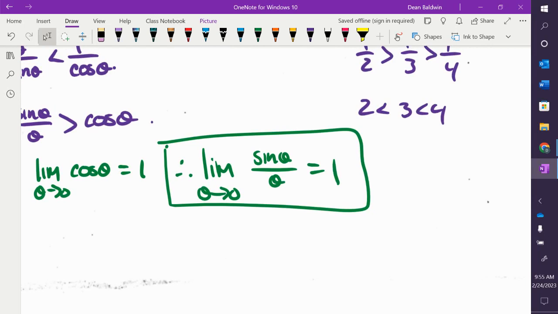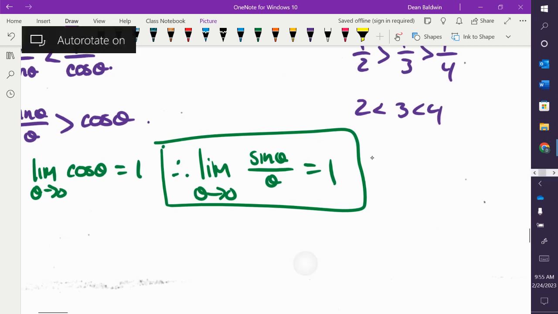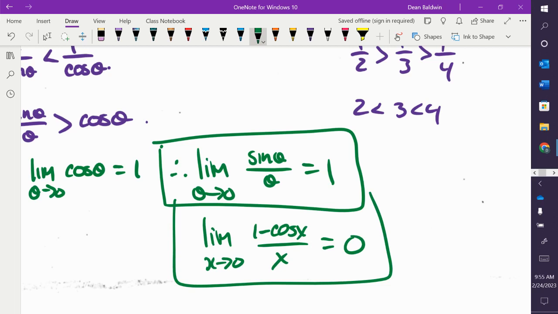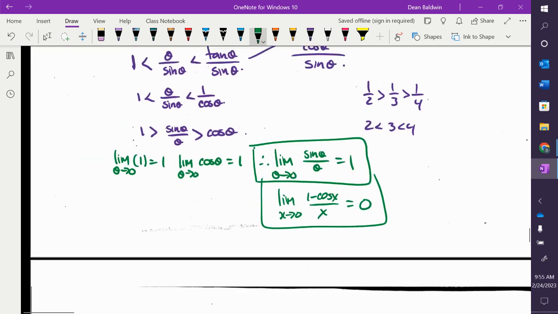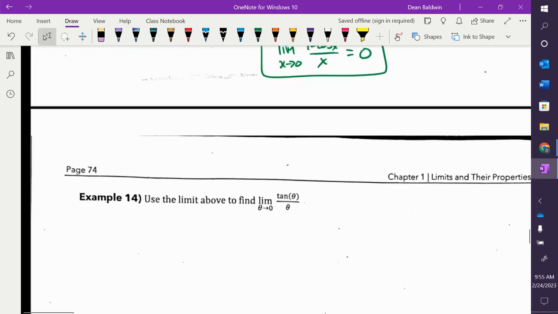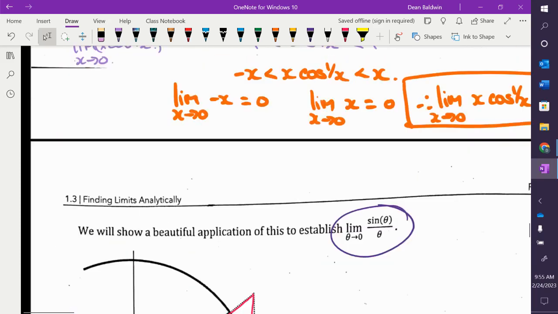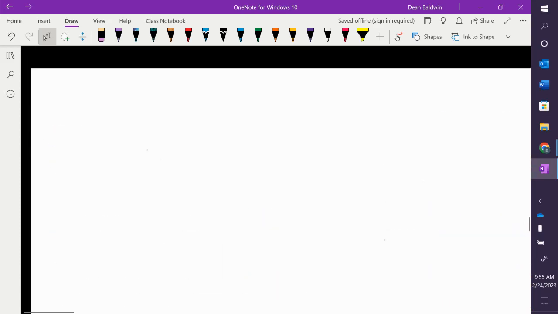And then the other one was the limit as x goes to 0 of 1 minus cos x over x is equal to 0. Those are the two limits you need to remember. Okay? So every time you're doing a trig limit, your goal is to make it look like one of those two limits.